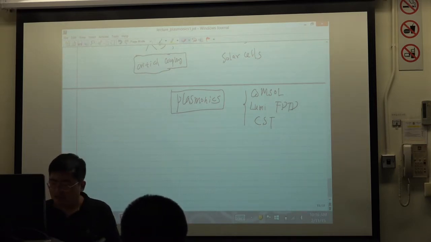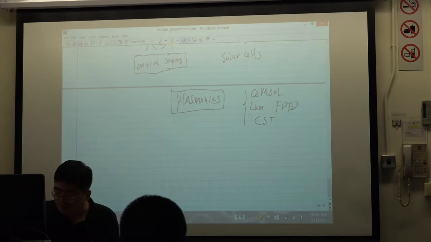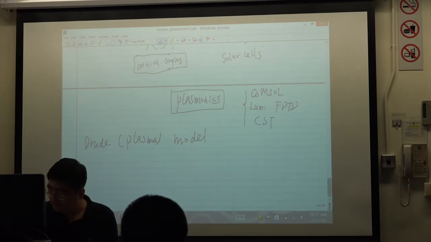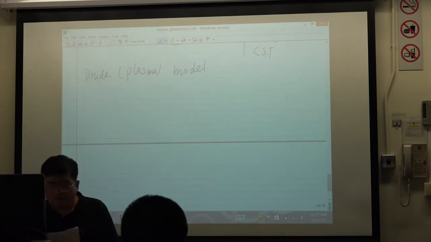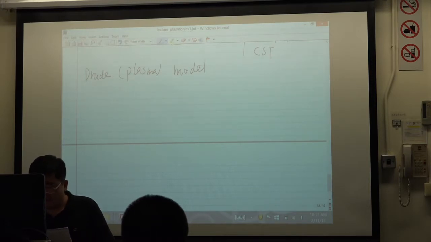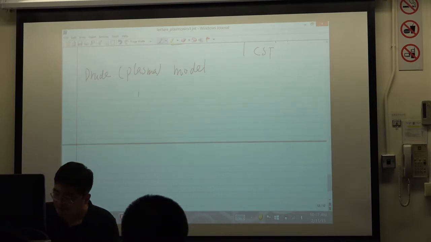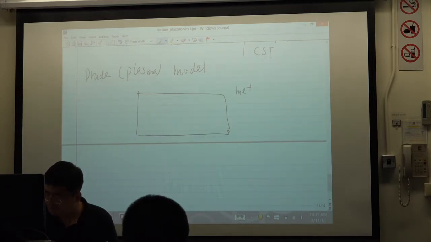Now we talk about the Drude model, or plasma model. The picture is something like this. This is metal. This is ion, I mean the nucleus.